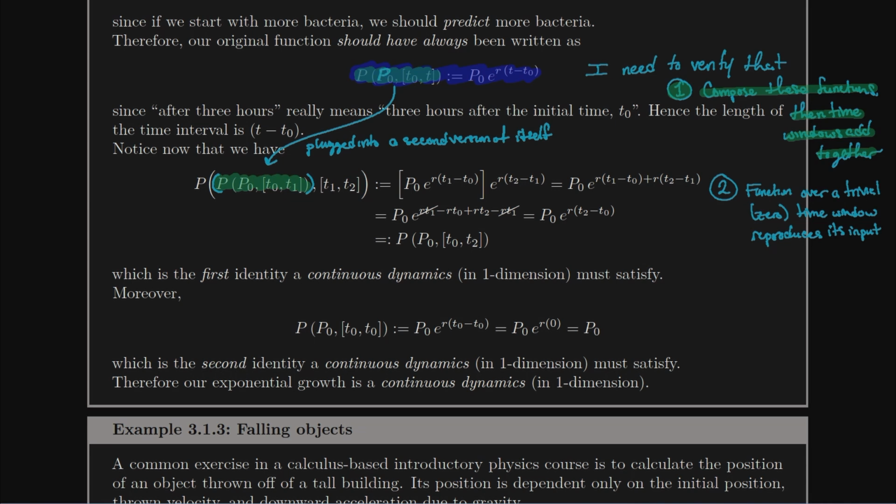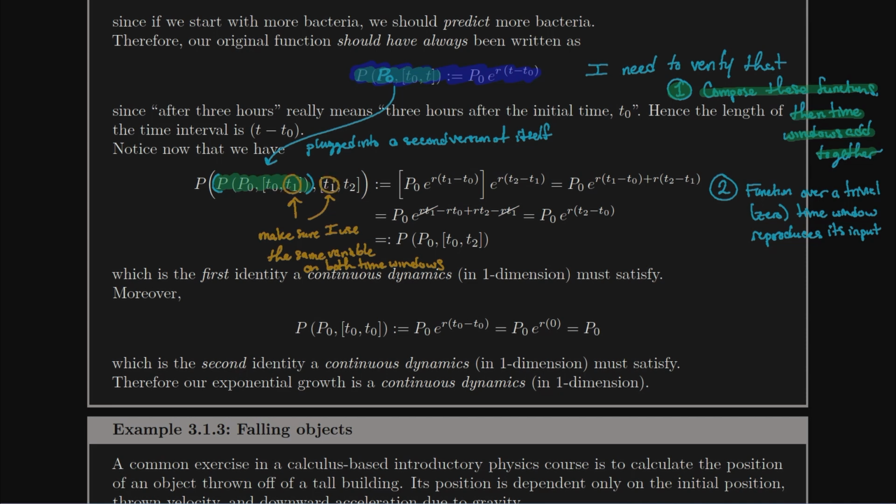It's taking the place of the position variable, just p0. So I plugged it in for p0 in a second version of itself. And to make sure that the time windows add, I have to make sure I use the same variable on both time windows. So the last variable in the first time window is the first time variable in the second time window.